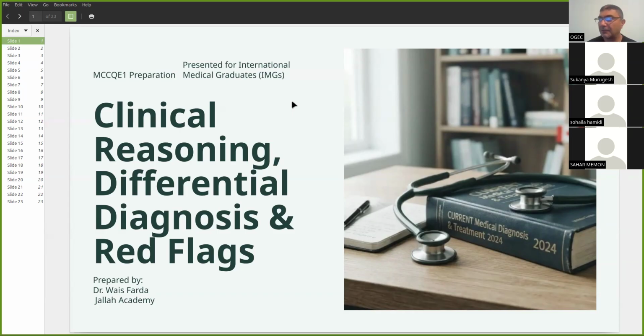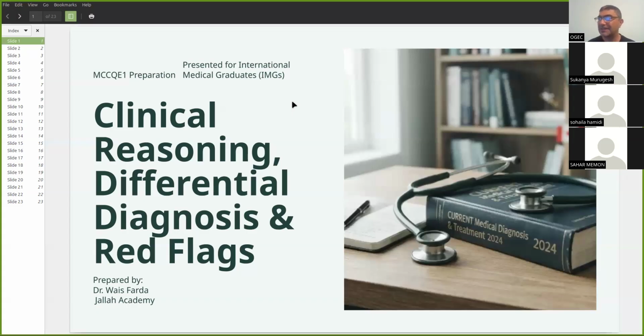We know that everybody has a background in medicine. Many have even specializations, and they have the clinical knowledge. But what MCCQE1 expects and tests is how you think in a clinical setting.